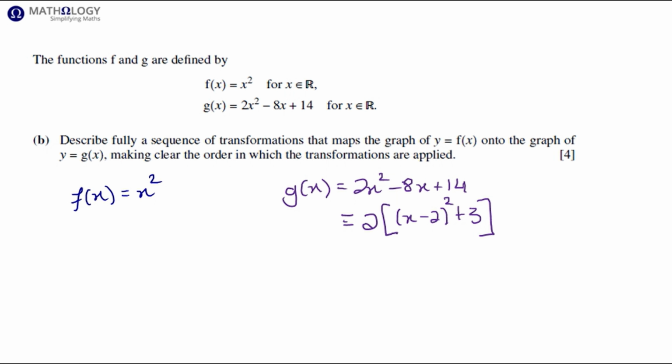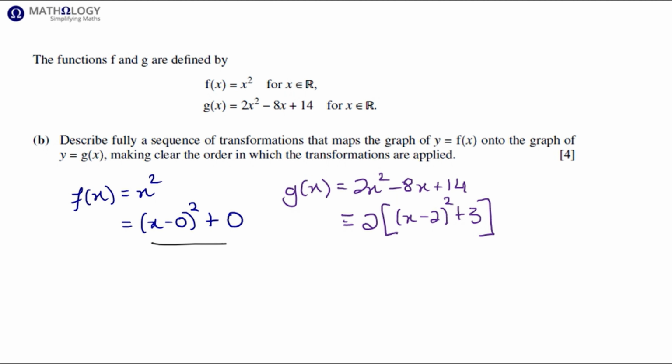So the first thing we do in transforming f of x to g of x, we're going to start with the horizontal shift. Let's just start here. The value of p, if we write this function as x minus 0 all squared plus 0, then at least we've got something to compare to, right?